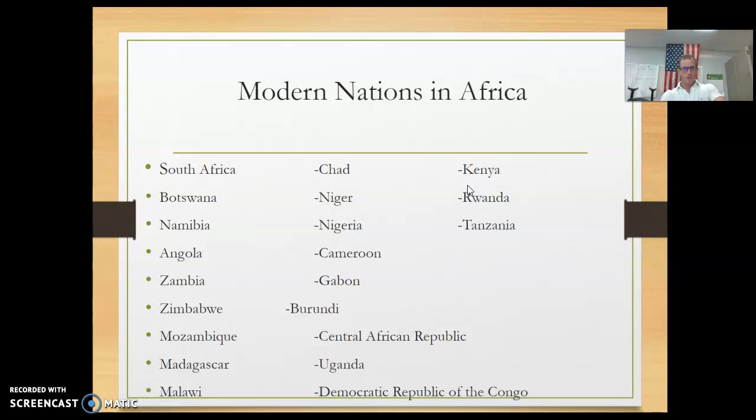Modern nations in Africa. There's a lot of different ones. South Africa, Botswana, Namibia, Angola, Zambia, Zimbabwe, Mozambique, Madagascar, Malawi, Chad, Niger, Nigeria, Cameroon, Gabon, Burundi, Central African Republic, Uganda, Democratic Republic of Congo, Kenya, Rwanda, and Tanzania.